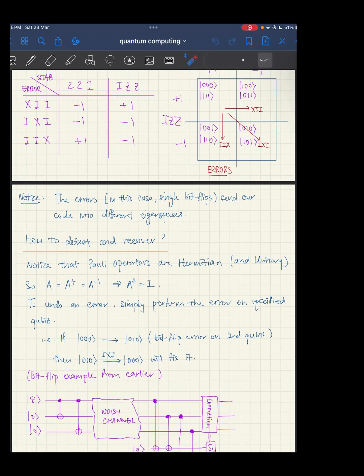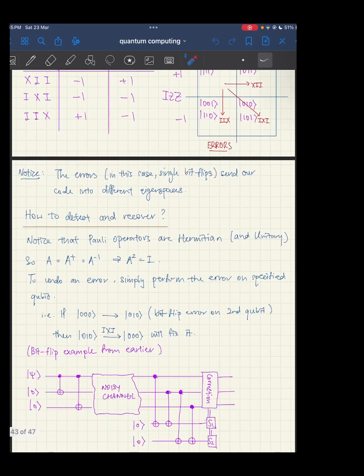Hermitian means that the matrix is equal to its conjugate transpose, and unitary means the conjugate transpose is equal to the inverse. So if we combine those two together, we get that the matrix is its own inverse, which means A squared equals I. So to undo an error or to recover from an error, we simply need to perform the same operator on the specified qubit.